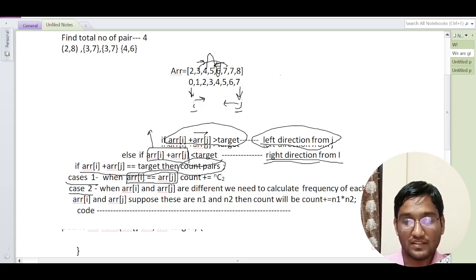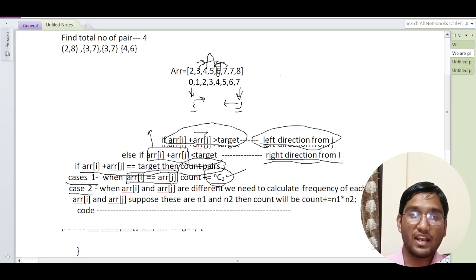For those frequent elements, the count will be nC2 only, because we need to choose only 2 elements. In order to choose two elements from the n elements, we think about nC2, because nC2 is the number of ways to choose 2 elements out of n elements.